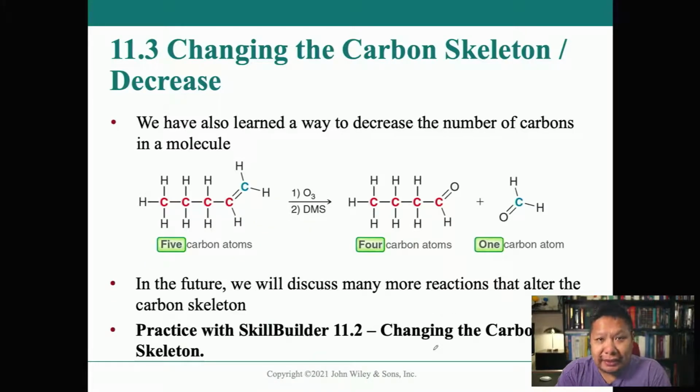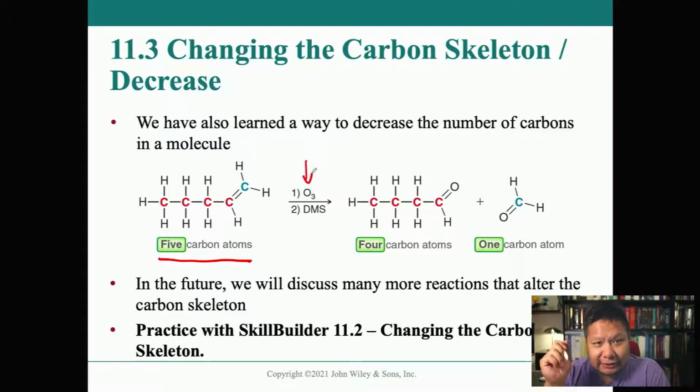We've also learned ways to decrease the number of carbons in a molecule. Remember, we can have here 5 carbon atoms, this alkene, 1-pentene, or pent-1-ene.